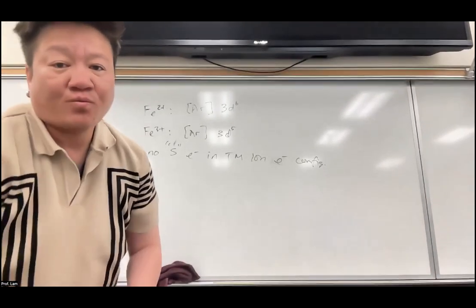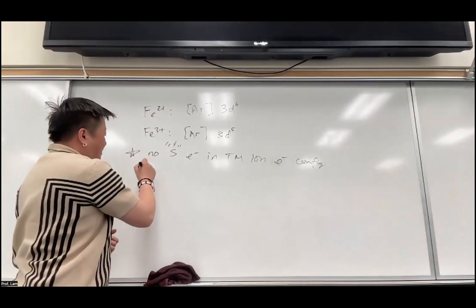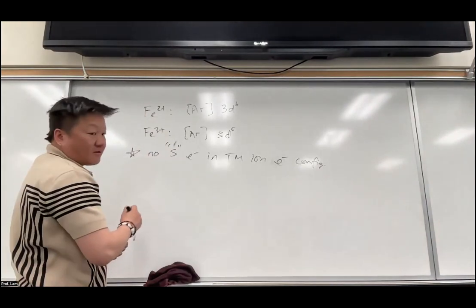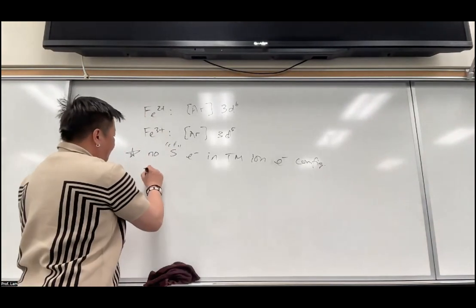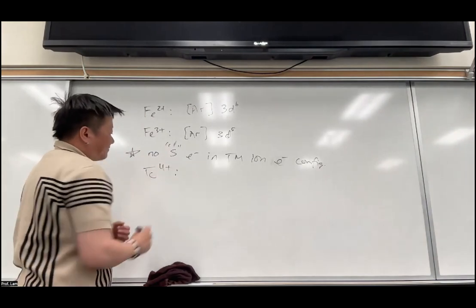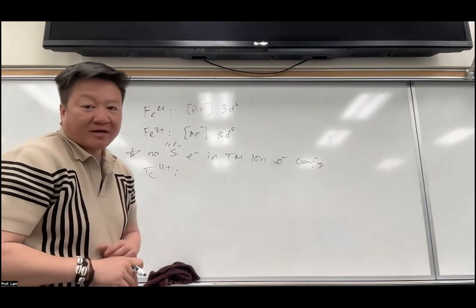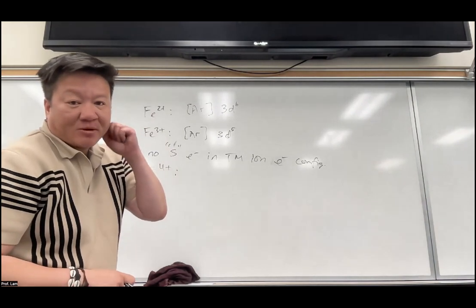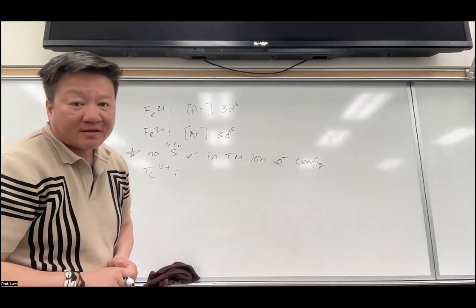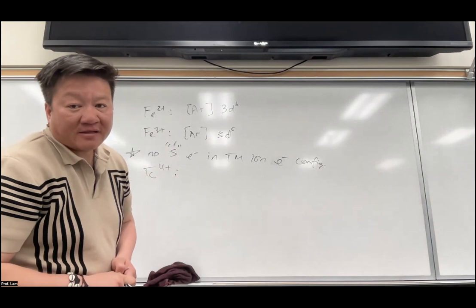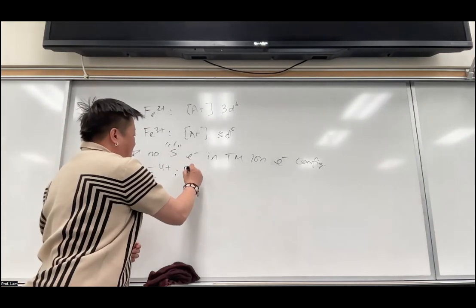So let's say I ask you, what is the configuration for technetium 4+? Okay, so you're like, technetium, that's Tc. I'm going to walk back and see that the previous noble gas was krypton.